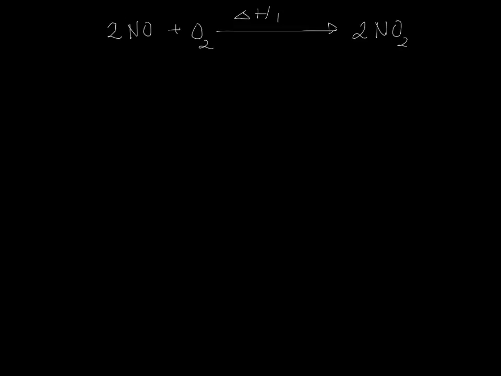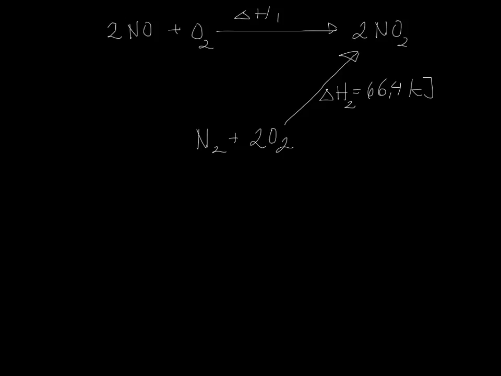And then we should write the known reactions. We have one reaction that produces nitrogen dioxide, so I write that one in this direction, and that is nitrogen plus 2 oxygen, and delta H for this one, call it delta H2, is 66.4 kilojoule.